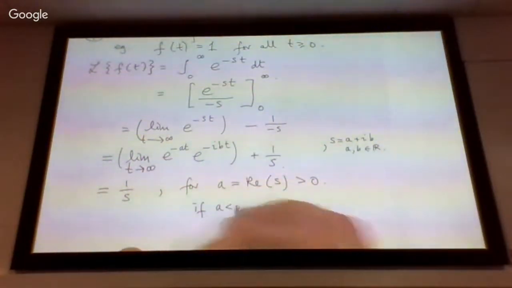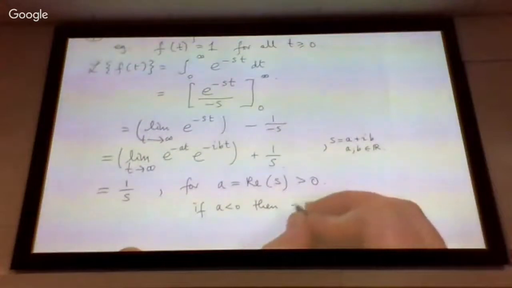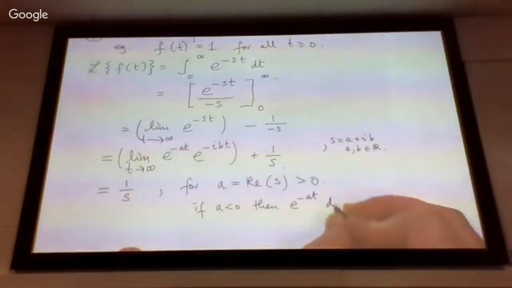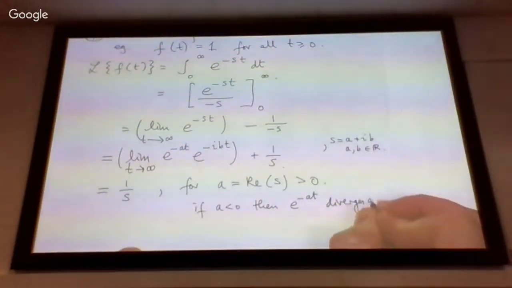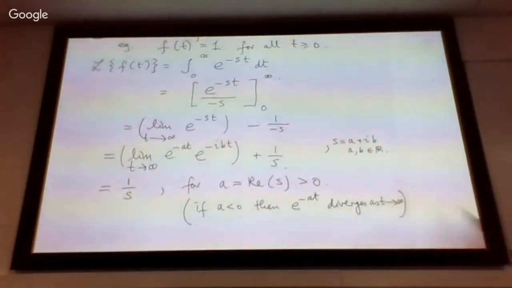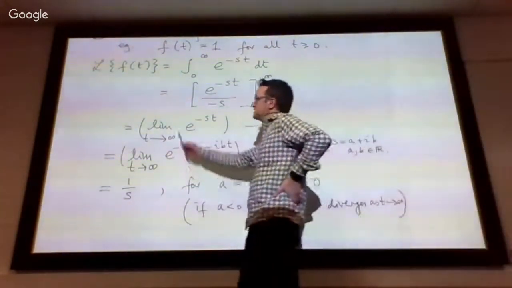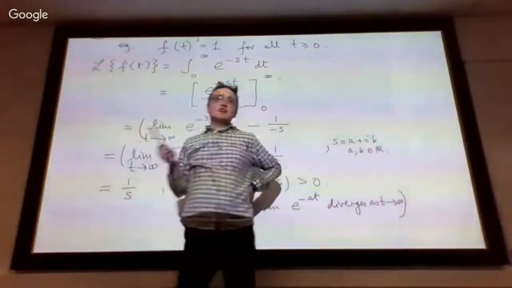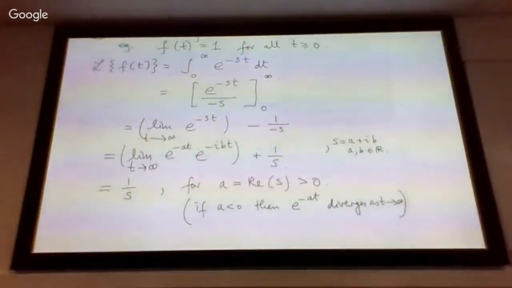If a is negative, then e to the minus at diverges as t goes to infinity. So the integral doesn't exist. But here we see our first result of a Laplace transform, that the Laplace transform of the constant function 1 is the quantity 1 over s.